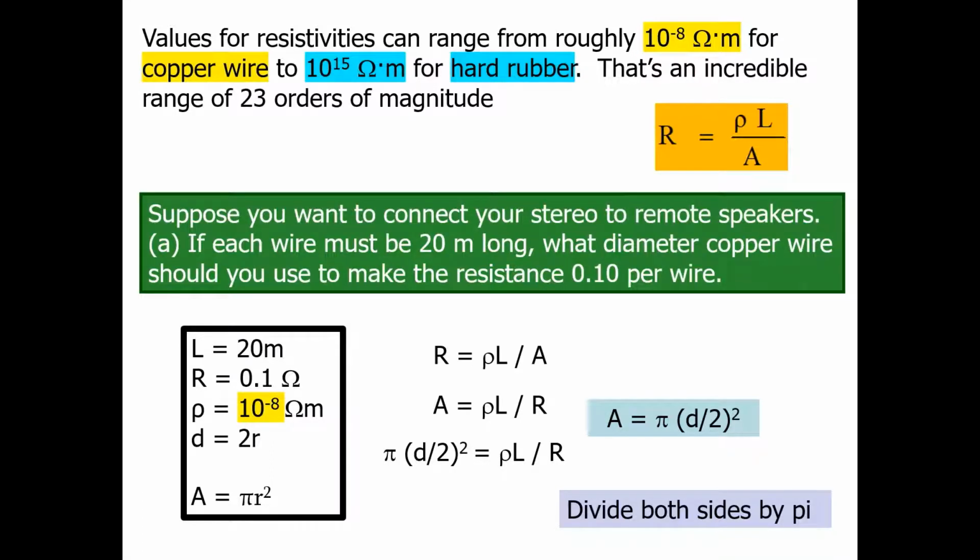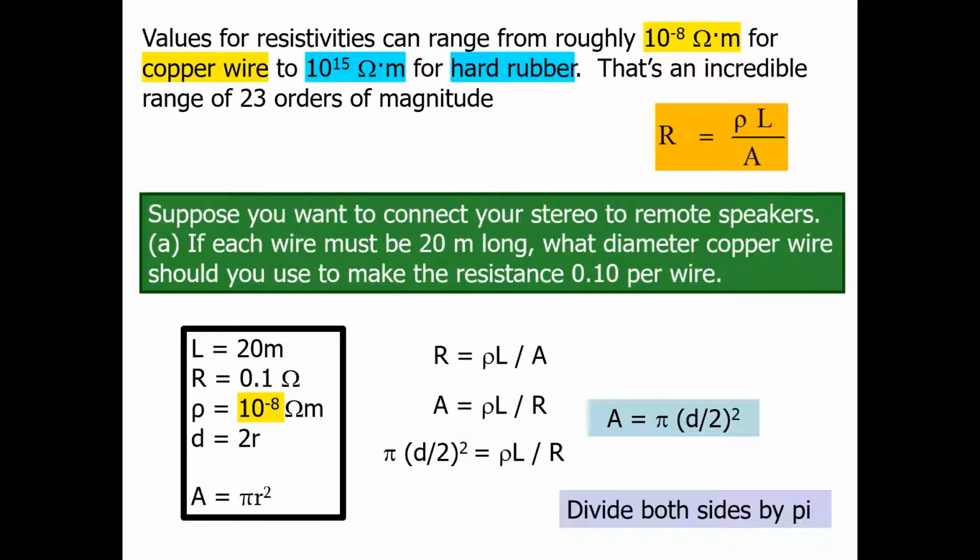Alright, so you know that R is rho times L divided by A. Rearrange the formula to get A is equal to rho L divided by R. So this is just rearranging. You know that A, the area of a circle, is pi r squared.